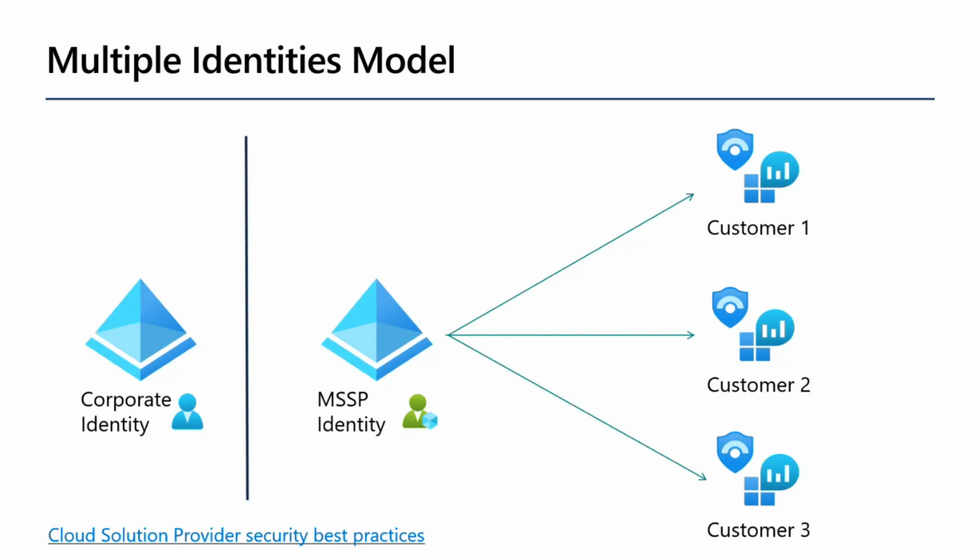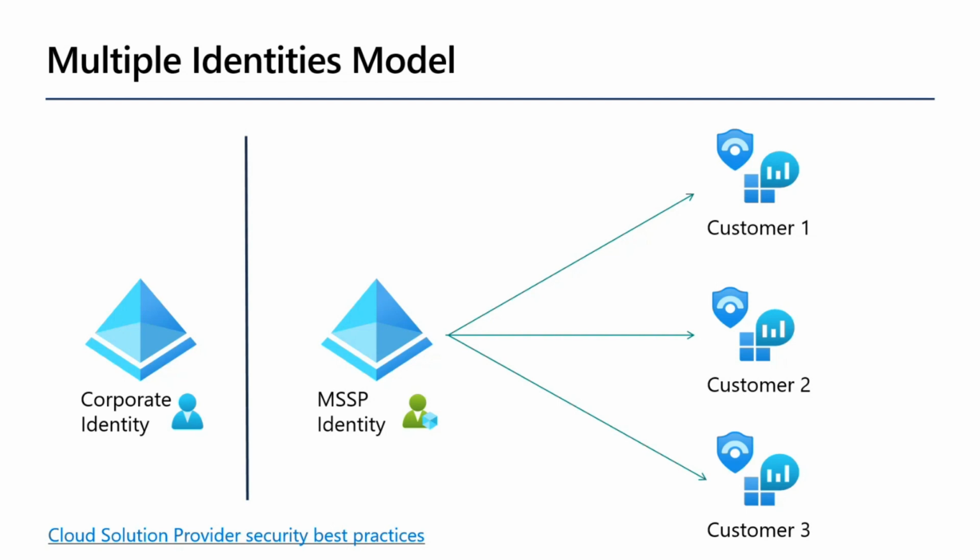And as we all know, there are many risks associated with corporate tenants where the employee accounts are used for day-to-day activities like email, because of course there could be phishing emails, or there could be other types of attacks on your devices. So this is a more secure model. And again, we're going with the zero trust model in mind, specifically the assume breach principle. So this is the ideal model to protect both your corporate resources as well as your customer resources.